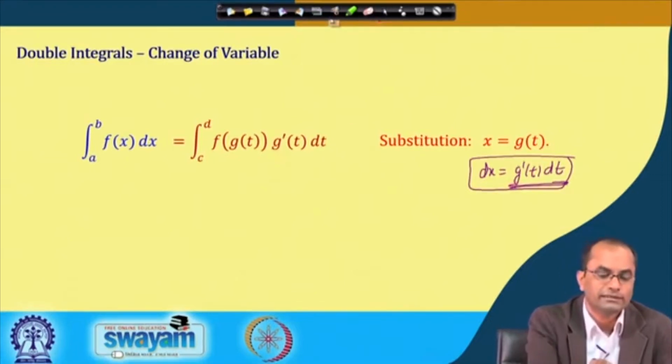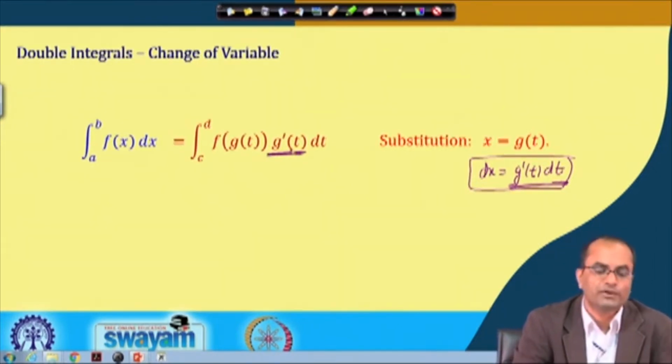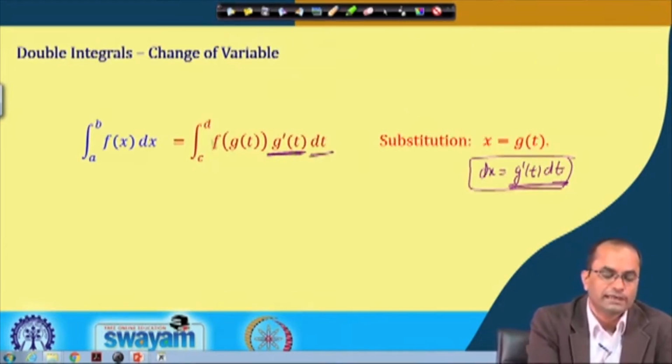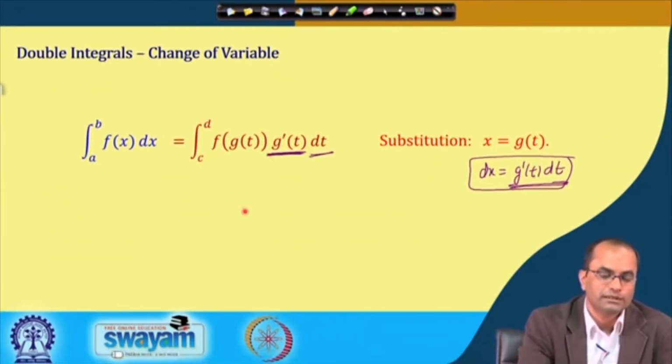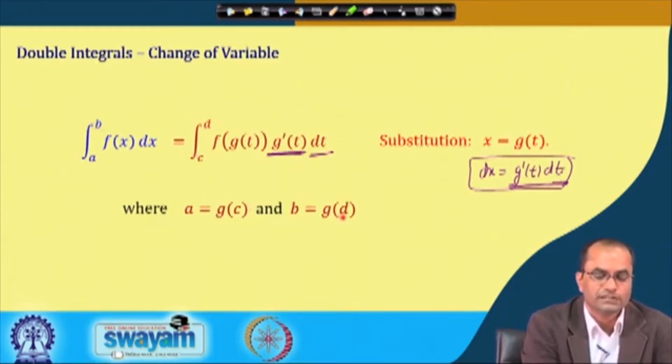So, that is again here to recall that we got now something else here, which in case of the single integral is g prime, the derivative of this g, and then dt, and these corresponding limits will be computed again from this substitution only. So, this a is going to be this g of c, and this b is nothing but g of d.